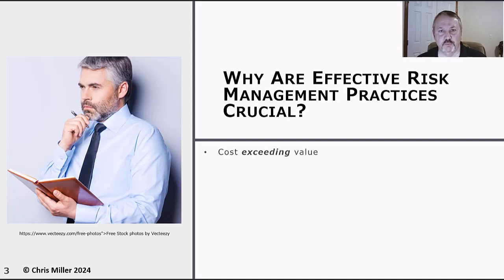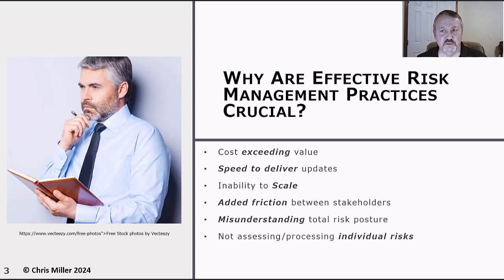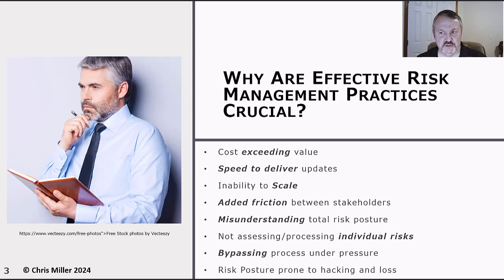These include the cost of processes or sub-processes exceeding the value of what they provide, bloated processes slowing the expedient delivery of new functions to keep the organization competitive or simply meeting the needs of your customers, an inability to scale to meet the needs of the business to deliver against the entire application portfolio, added friction or even animus between stakeholders, especially with development groups, misunderstanding of the total risk posture of the application layer, especially between stakeholders, including executive management, individual risk getting lost in the shuffle or simply lost over time, bypassing process for expedience under pressure, leading to repeated poor decision making, and ultimately leading to a risk posture ripe for compromise.